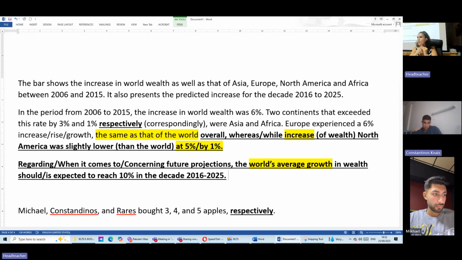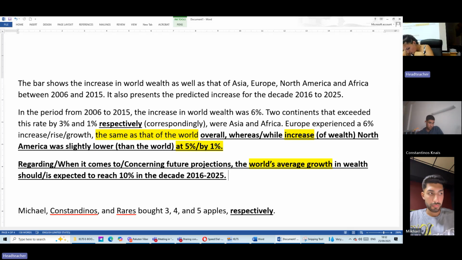Would you start doing comparisons? How can you make comparisons? Maybe start with the highest expected. Start with Africa, and then compare it to the rest. That's a good approach, because we did it earlier.